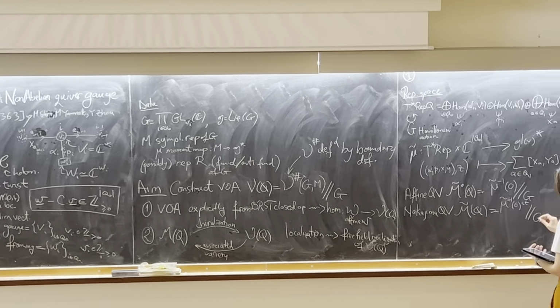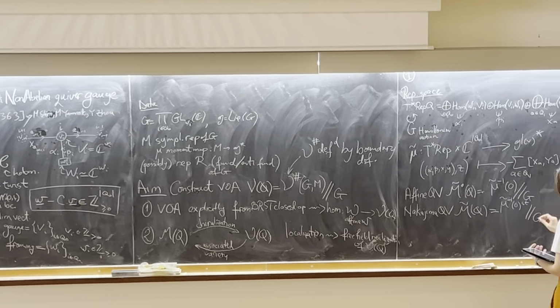And the corresponding Slodowy slice is the intersection of the nilpotent cone with the nilpotent element specified by sigma and the centralizer of the partner in an SL2. Now, this I'm saying in words and not writing it because it's not particularly important.